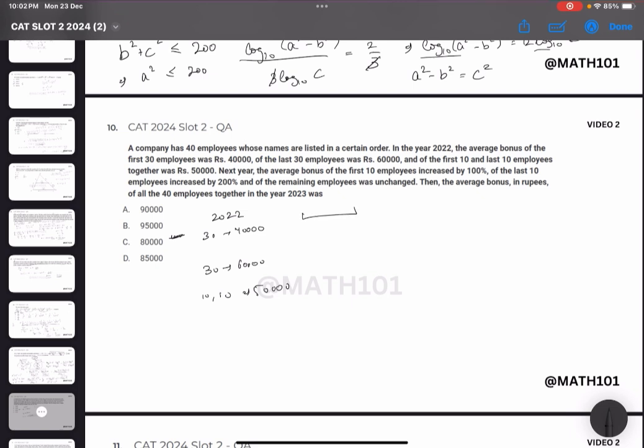Let the average bonus of first 10 employees be A, next 10 employees be B, next 10 employees be C, next 10 employees be D. So these are the average bonuses.